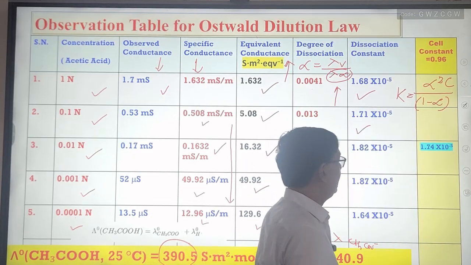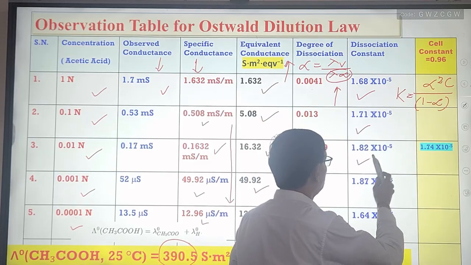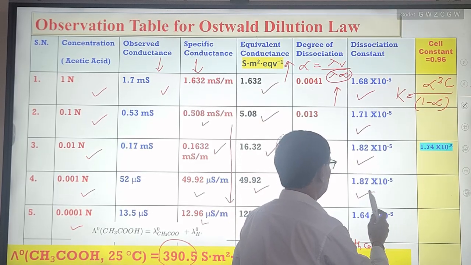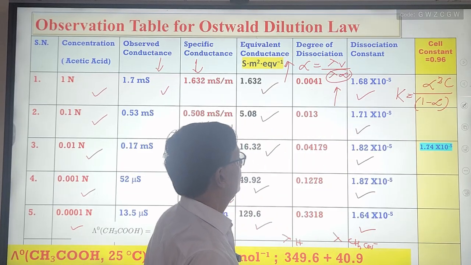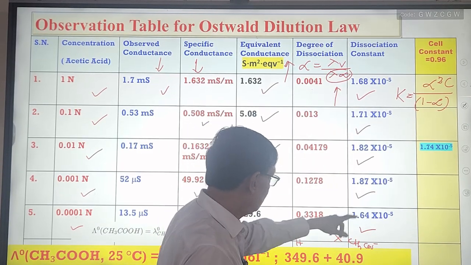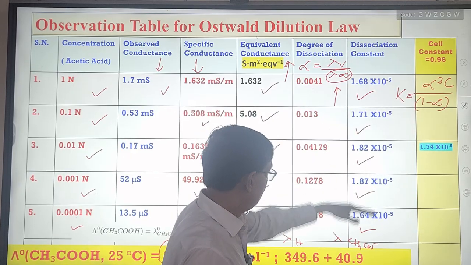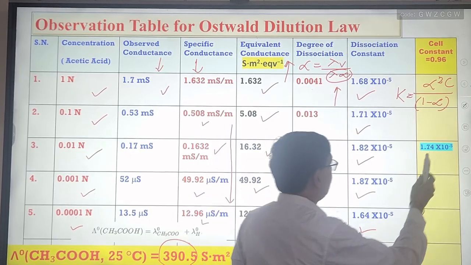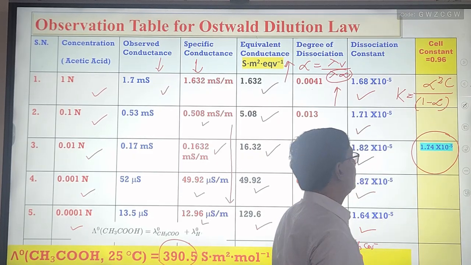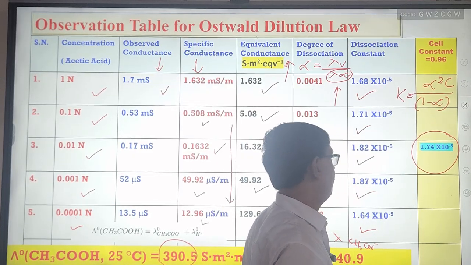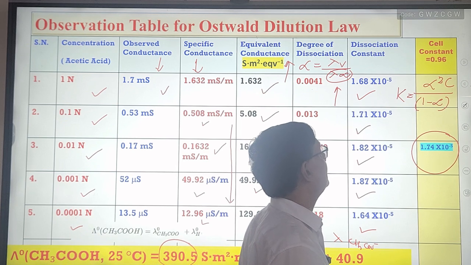You can also calculate the standard deviation and other things. It is 1.82, slightly higher, then 1.87, then 1.64. When I take the average of the 5 values divided by 5, I get 1.74 into 10 to the power minus 5. Room temperature may be 27 degrees centigrade.